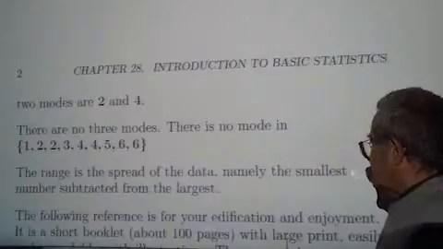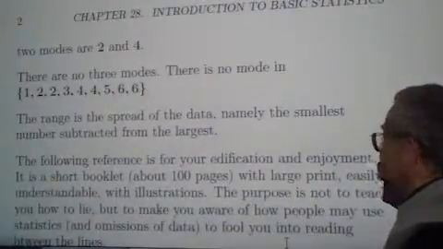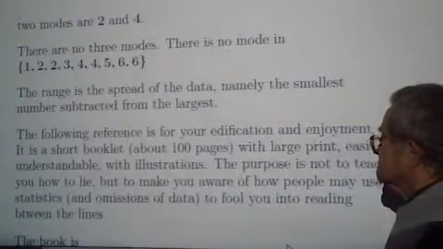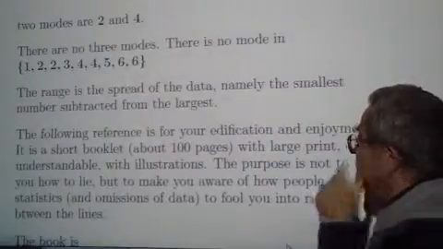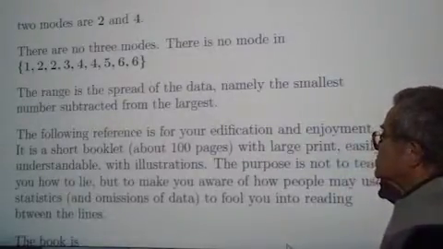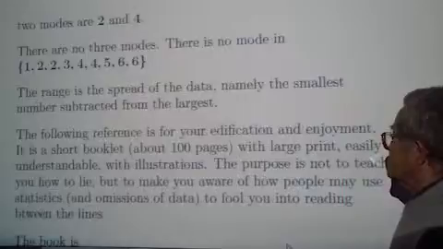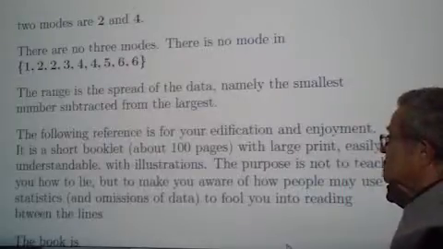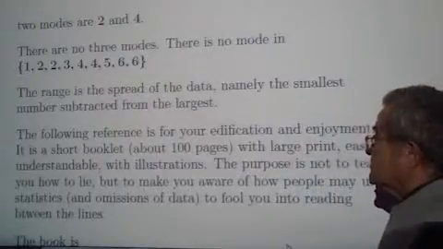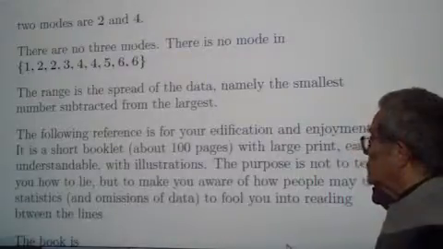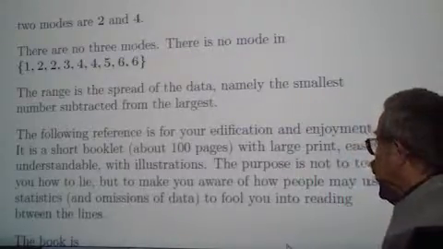The following reference is for your edification and enjoyment. It is a short booklet. It has about 100 pages. There's large print. It is easily understandable. It's written for the 8th grade with a lot of illustrations.